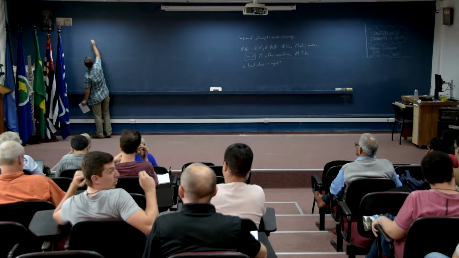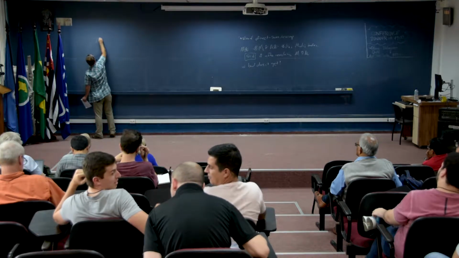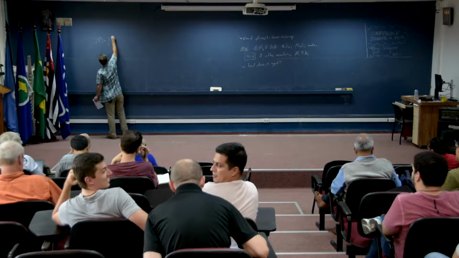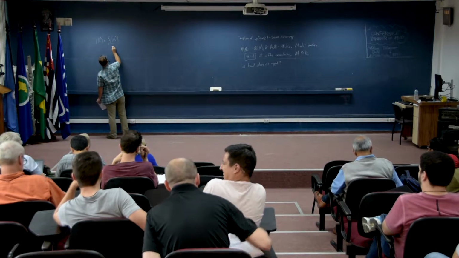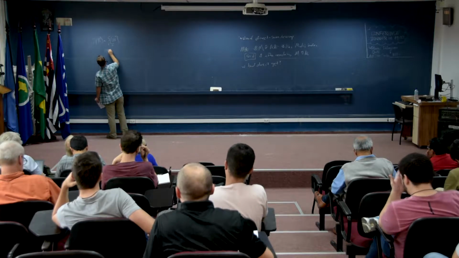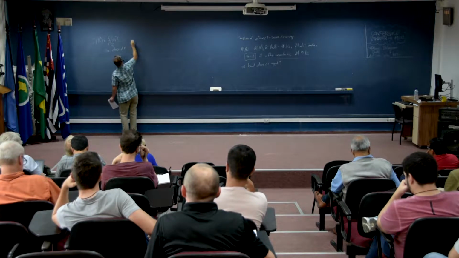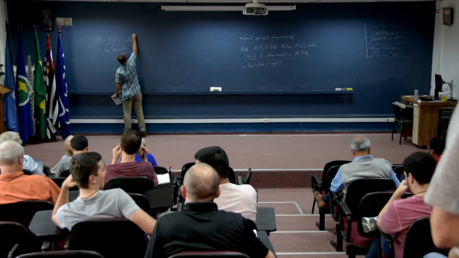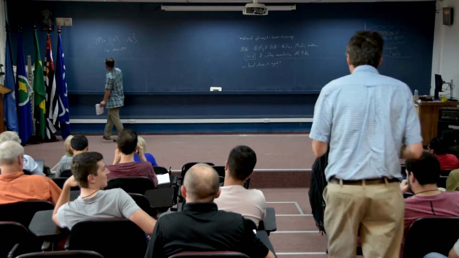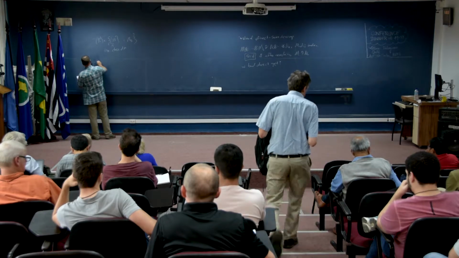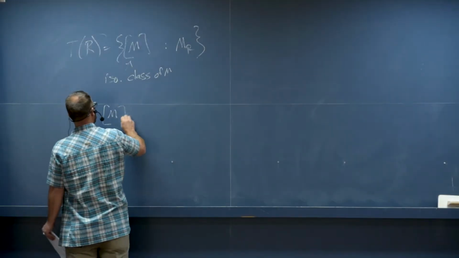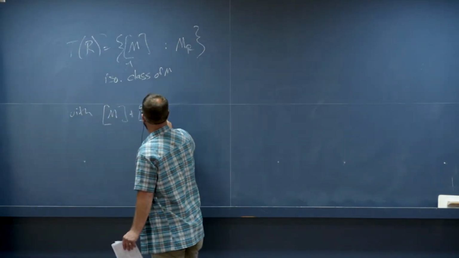So we're going to define T of R to be the set of isomorphism classes of M, where M is an R module, with the operation given by the direct sum.